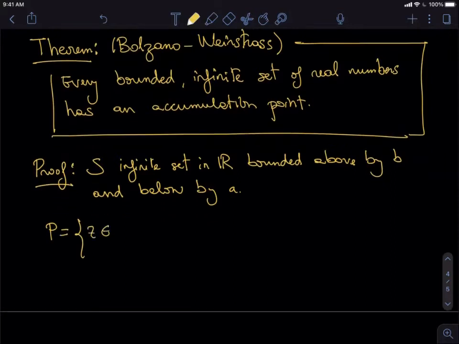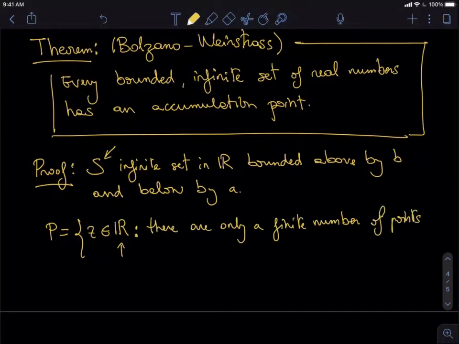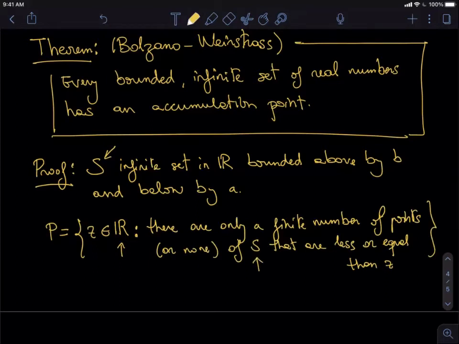It is the set of the real numbers Z in R, not S for now, such that there are only a finite number of points, and when I say a finite number of points, I mean a finite number or none of them at all, of the set S that are less than or equal to Z. And you see here is where the set S comes in.